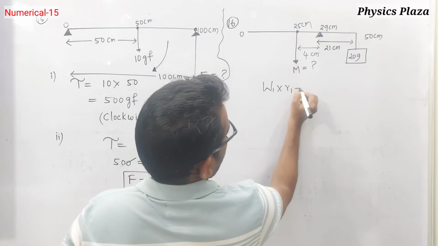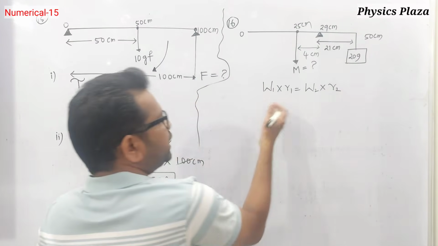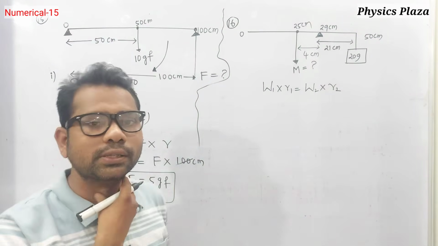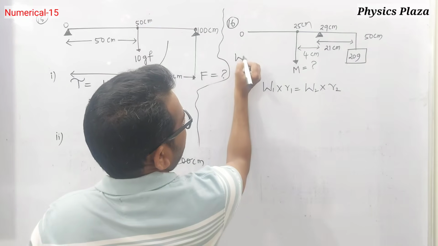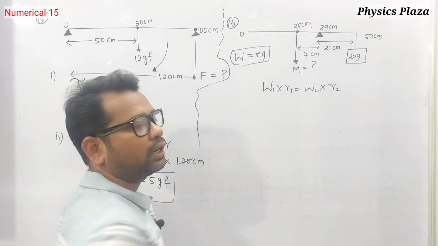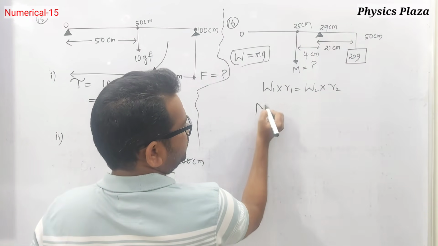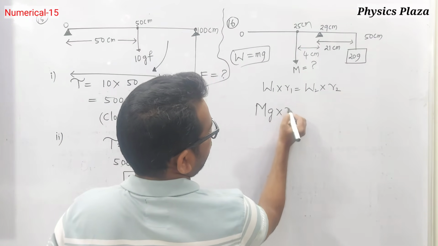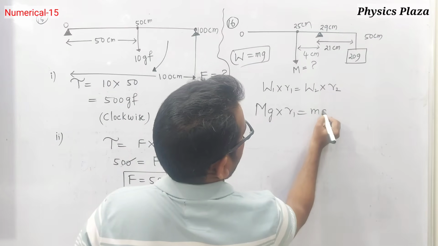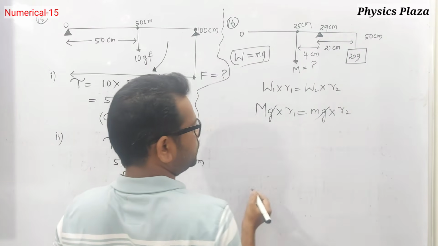So here I can apply this, children: W1 into R1 is equal to W2 into R2. Here you may get one doubt: Sir, you are taking the weights, but it is in terms of mass. Yes, children, we know that W is equal to mg. Now let us rewrite that. In the place of W1, which is the total weight, this is going to be Mg into R1 equal to mg into R2. The g cancels.